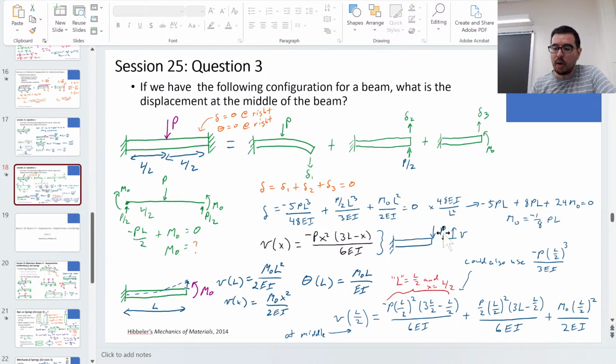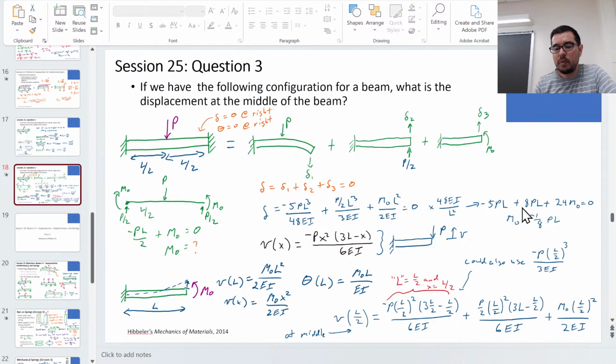And so I get this expression out. What I did here is multiply both sides by this expression to make it easier, because we had L squares in all of them, and we had the 48 EI down there. So now we can figure out what M0 is.